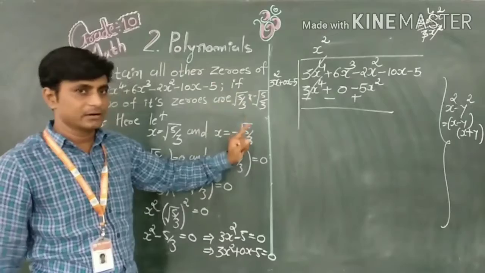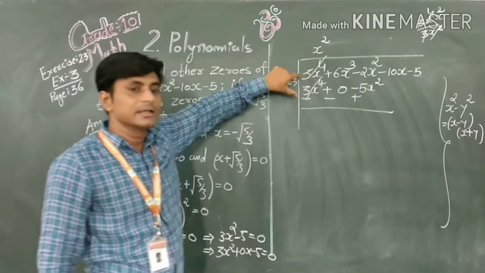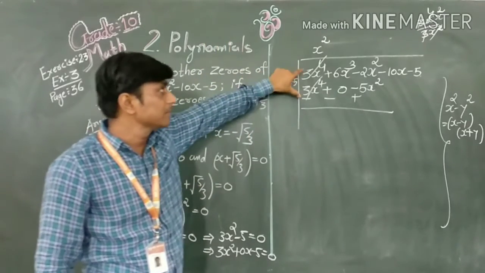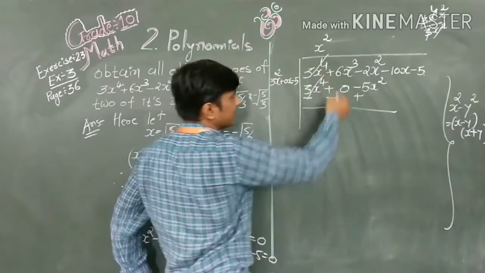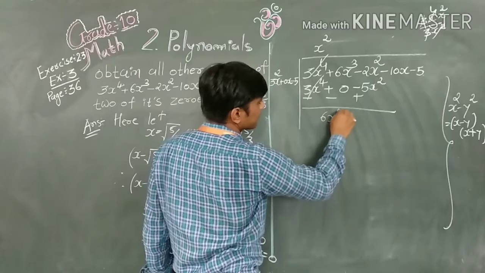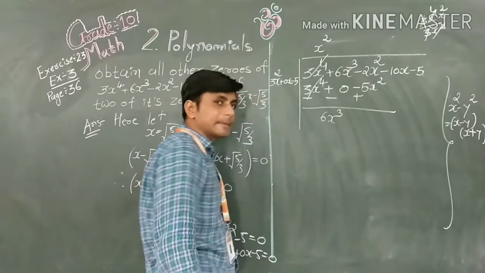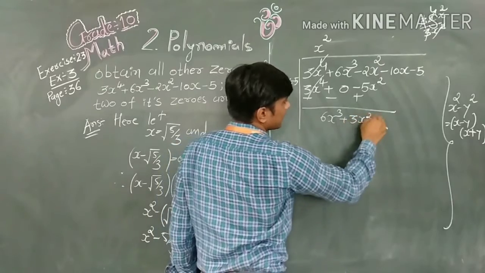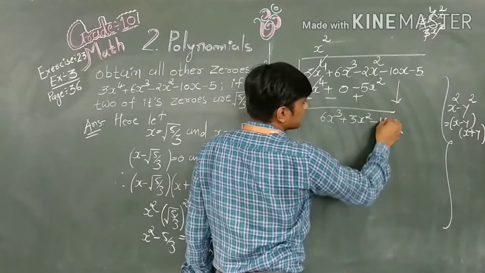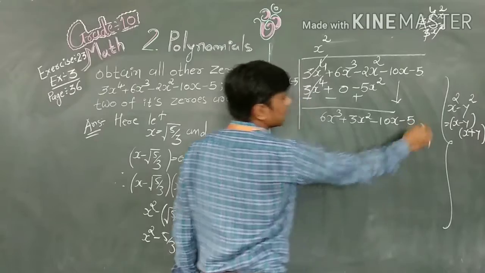Every time it happens, the first term is cancelled. If that term is not cancelled, there is some mistake. Now what remains? 6x cube plus minus, that means subtraction, 3x square, and put it down, minus 10x minus 5.